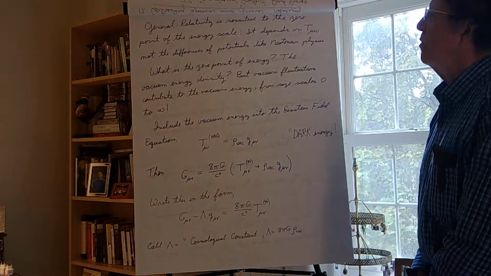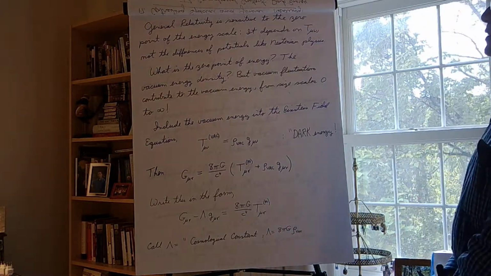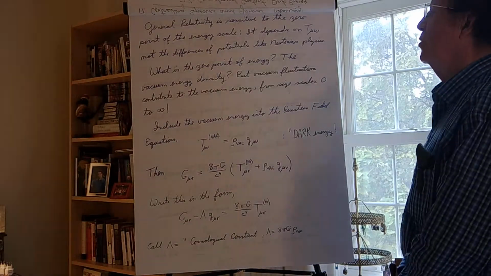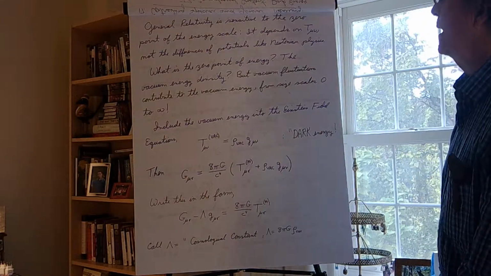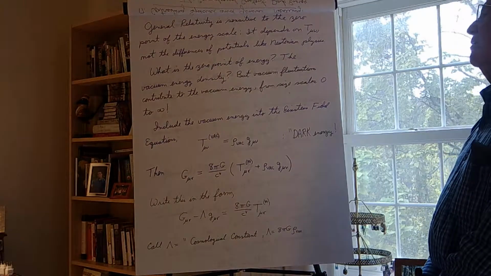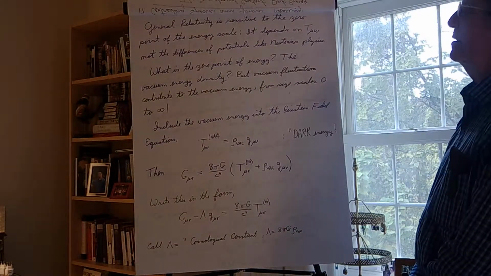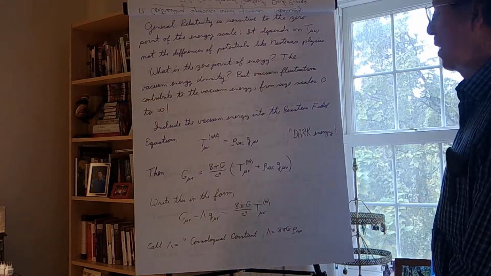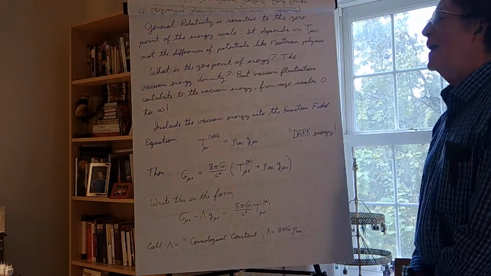So you have to ask yourself, well, what is the zero point of energy? Well, in quantum field theory, you would say, well, that must be the vacuum energy density. And in a classical field theory, that sounds terribly trivial. That's the nothing there. But in the quantum field theory, that's a bubbling mess.